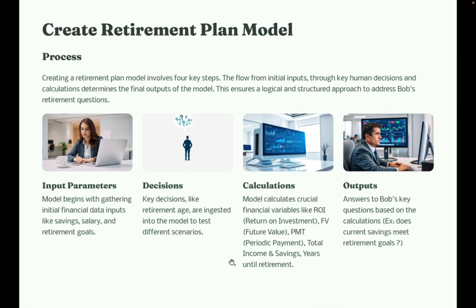Both the input parameters and decisions are ingested into the Excel model in order to arrive at conclusions and outputs. For instance, you can see here some of the calculations I have done in the Excel model are return on investment, future value, periodic payments. Based on these calculations, the model provides answers to Bob's key questions, such as whether his current savings will be enough to reach his retirement goals.